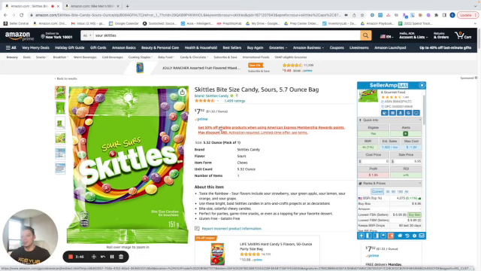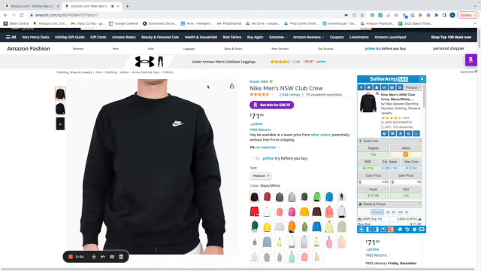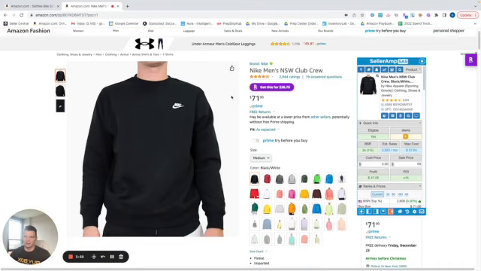The second type of product on Amazon is when there is a listing, however, there are different variations within that listing: different sizes, colors, styles, whatever the case may be. The key distinction is we go through a lot of the same process. We start with the estimated sales at 300, 3,000, whatever the case may be.